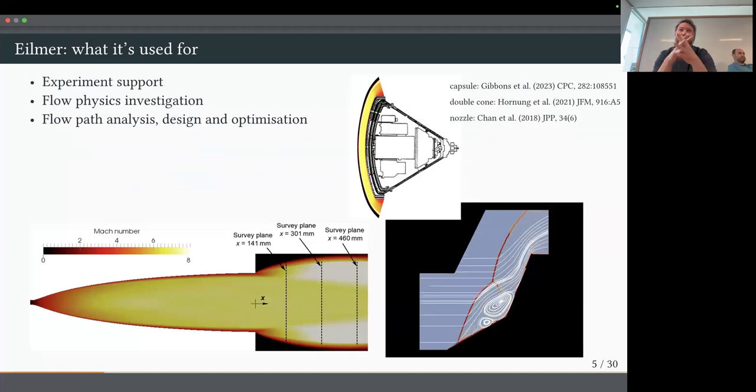So that brings us to what Elma is used for. It began life as experiment support. And if we look at the bottom left, we see a nozzle. So this kind of brings everything together. The code was used to design the nozzle. We used the code to analyze the flow that comes out of the nozzle. There are shot-to-shot variations. This nozzle, I should explain, we're looking from the throat forward.